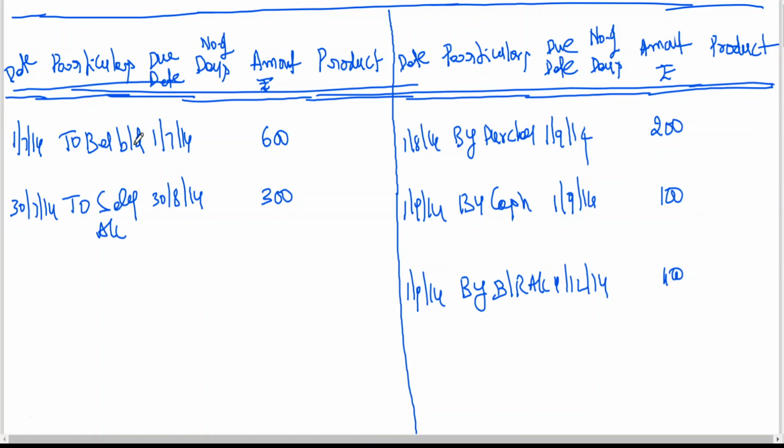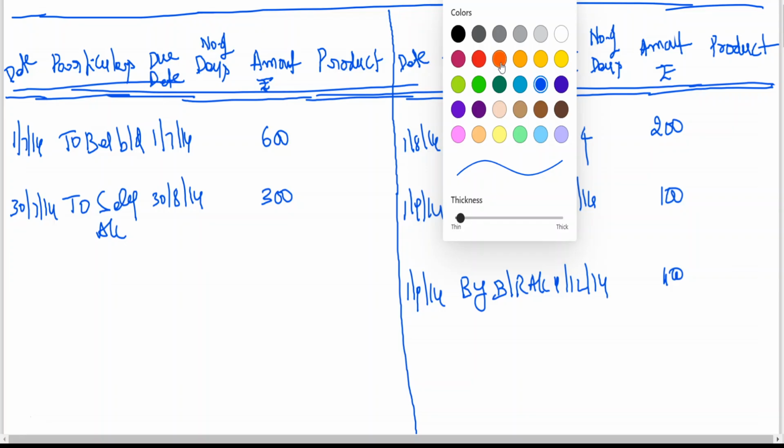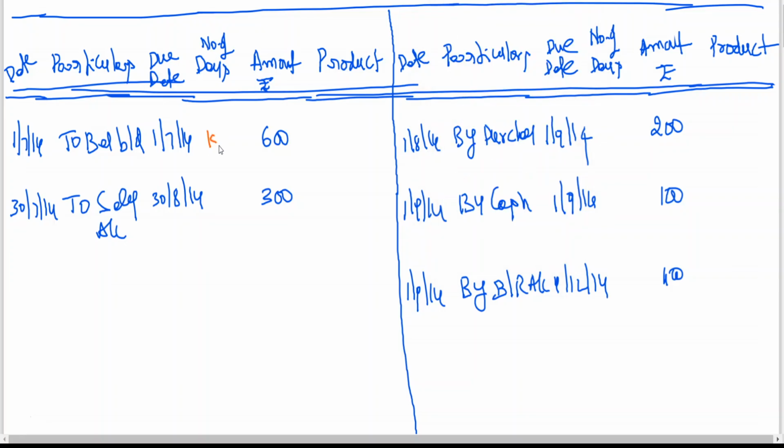31 plus 31 plus 30, so July, August, September are completed. October 31, November 30, December 31. It is coming to 184 days. 184 days into 600 is 1,10,400.